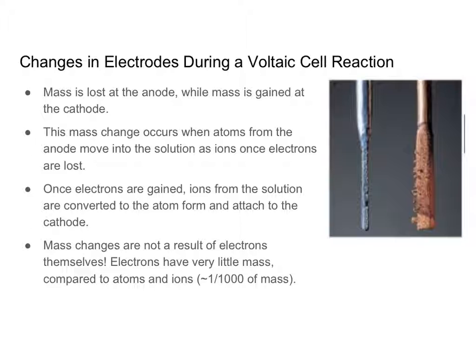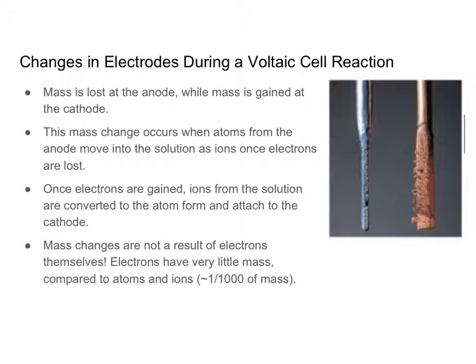Hopefully you can see that in that picture. And the cathode appears to have gotten a little bit thicker. So this is evidence that the zinc atoms are coming off of the solid zinc anode, and the copper atoms are attaching themselves to the cathode.